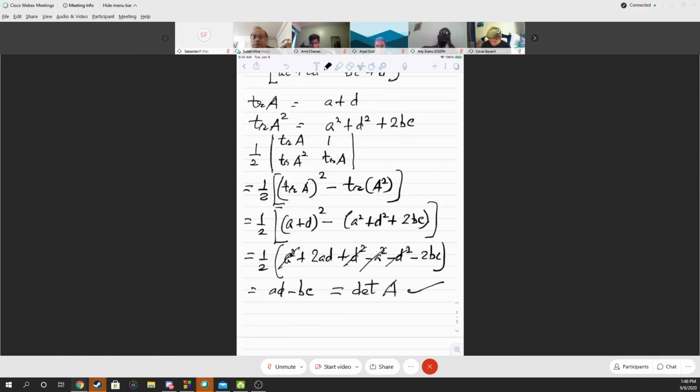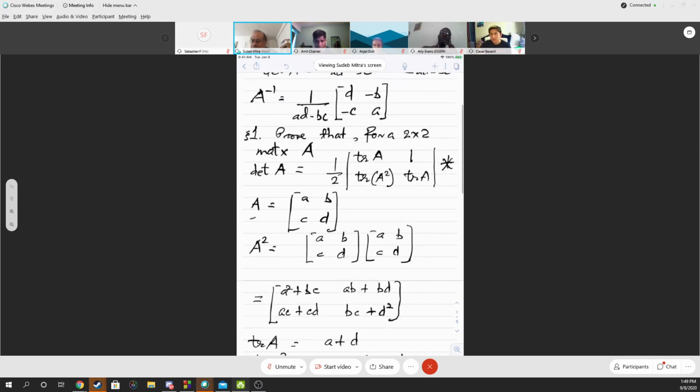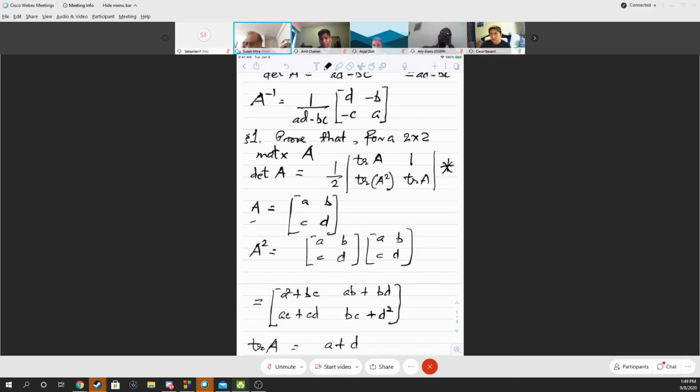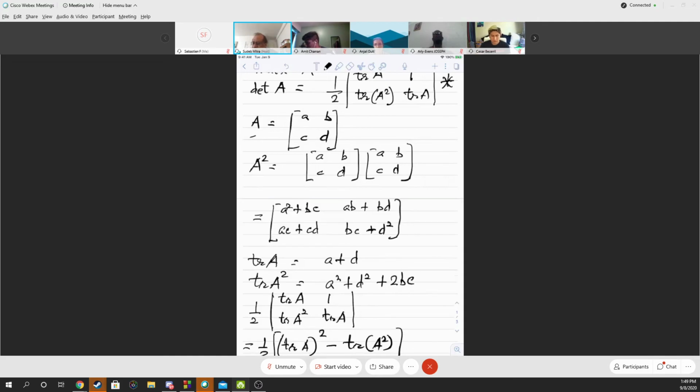I want to carefully call out the names today. I can go over that. Determinant of A is this. So A is this, A squared is this. That's routine. And so what is trace of A?